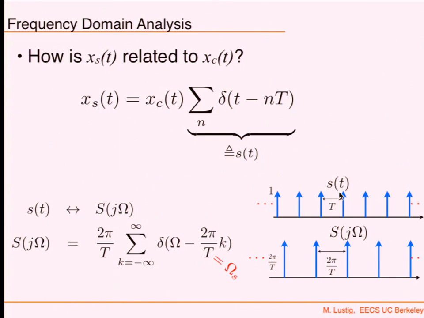It kind of makes sense in a way. If you have something impulsive in time, it's going to be periodic in frequency. If you have something periodic in time, it's going to be impulsive in frequency, right? If you have something periodic, it has a Fourier series, hence its Fourier transform is going to be impulsive.